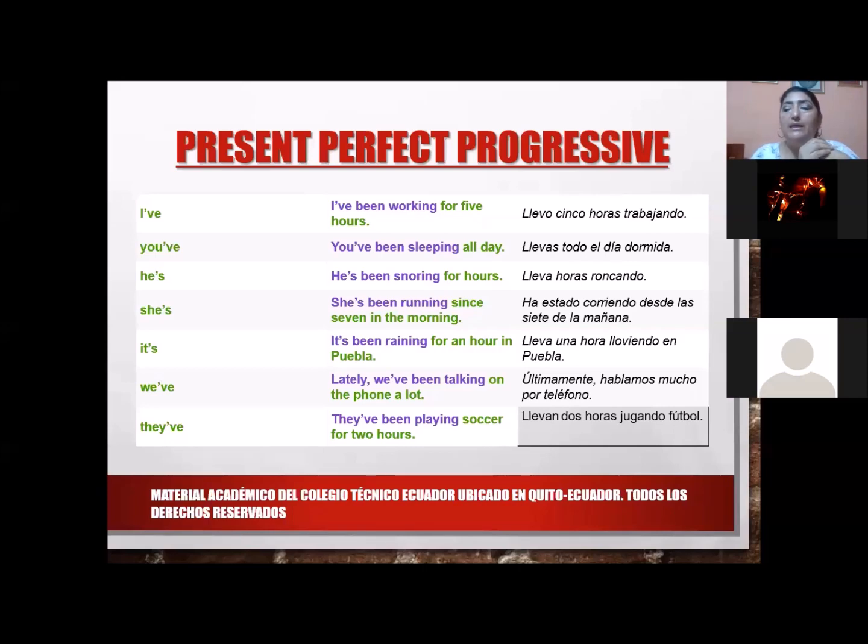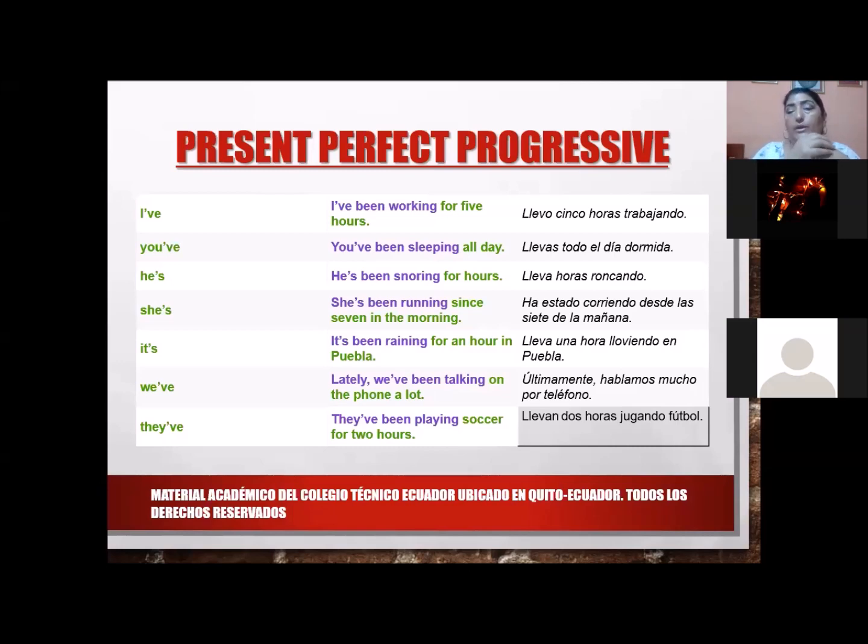Now, he has, we put together, he's, is the contraction of he has, okay? She has, the contraction, she's, okay? And it's the three third persons. The third persons, he, she, it, with has, okay?